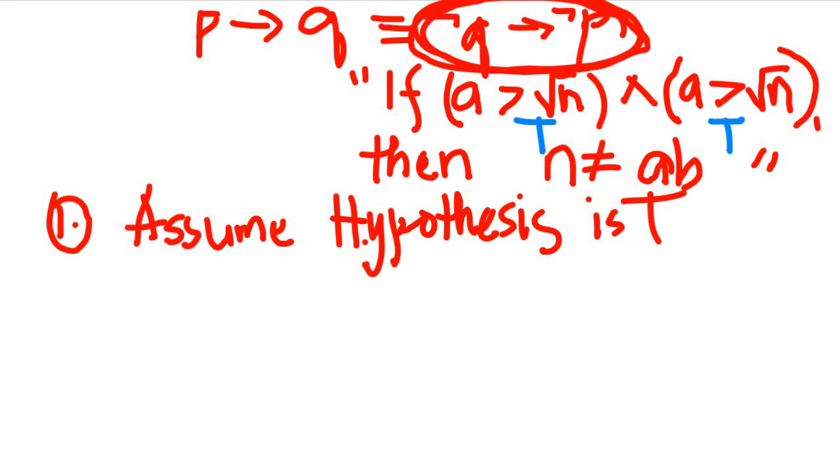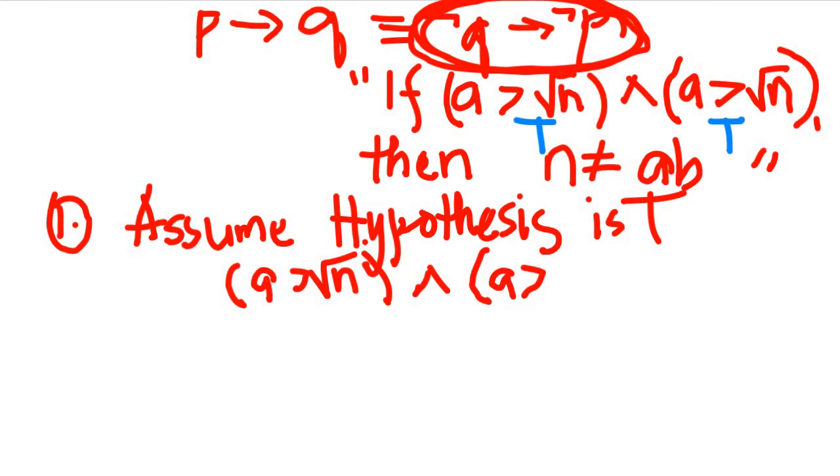So therefore, this statement, a is greater than the square root of n and, sorry, this is supposed to be b, so b is greater than the square root of n.